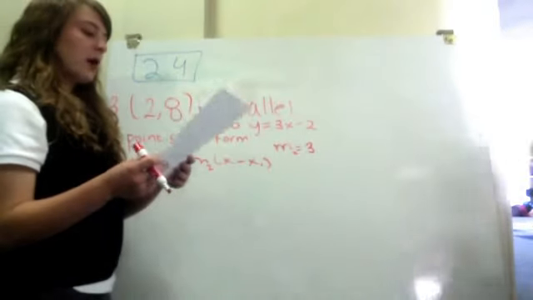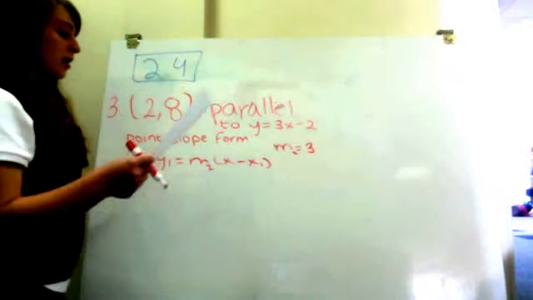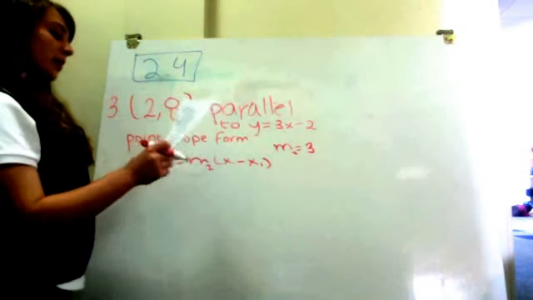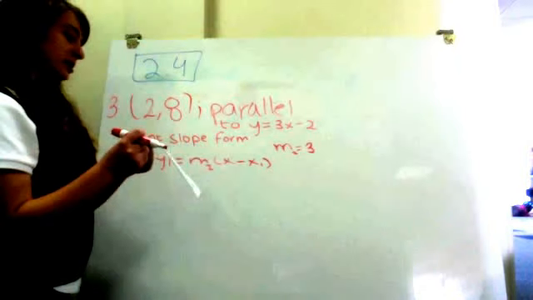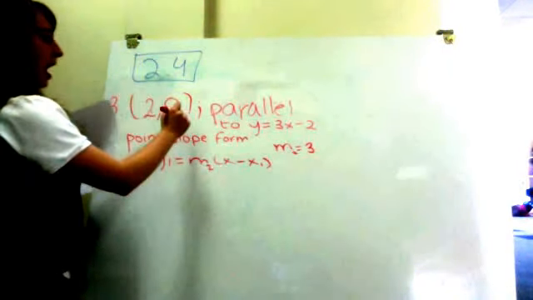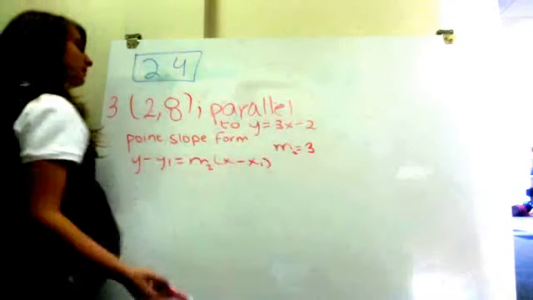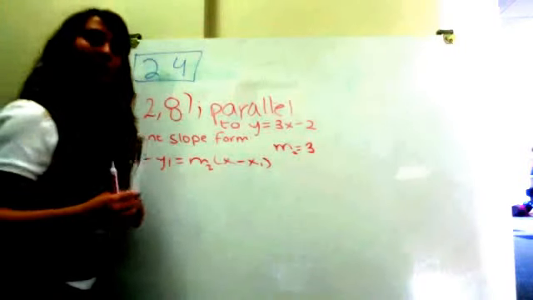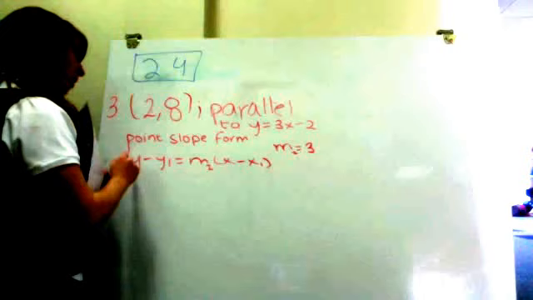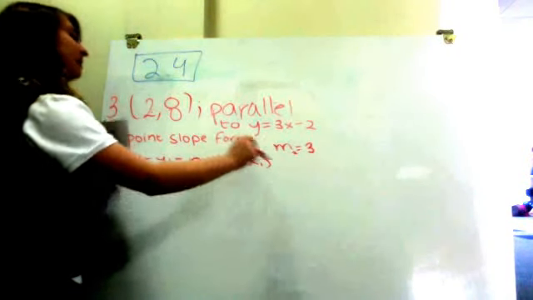Okay, so for number 3 in 2.4, the instructions are write an equation of a line that passes through the given point and satisfies the given condition. Our coordinates are (2, 8), and it has to be parallel to y equals 3x minus 2. In order to do this problem, you have to know point-slope form. Point-slope form is y minus y1 equals m(x minus x1).